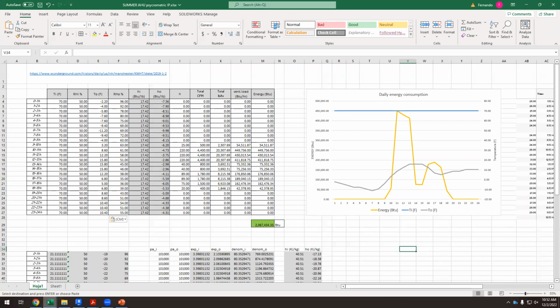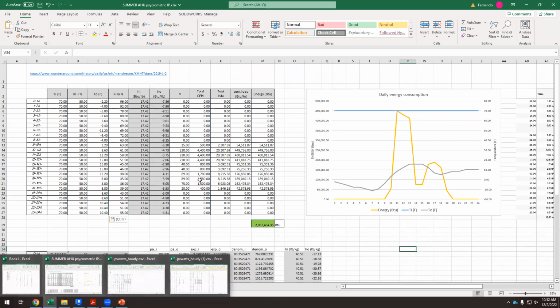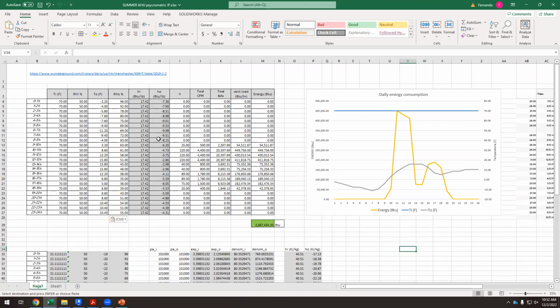Okay, so if you download this from PV Watts, it's very easy to understand when the maximum or the minimum value happens.